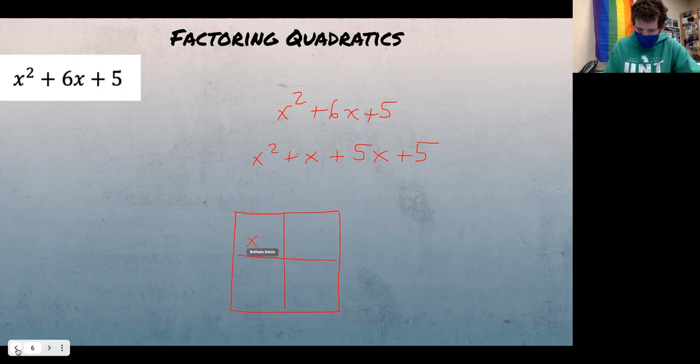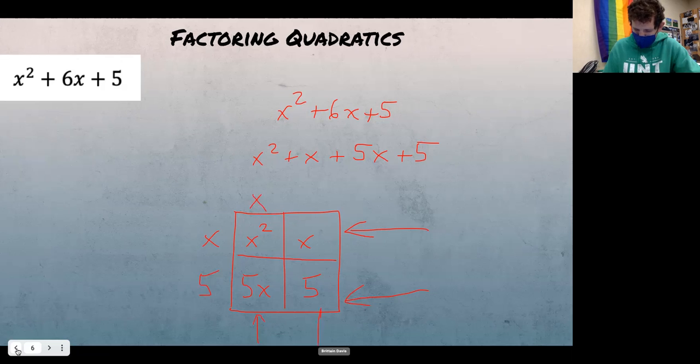So this is what I've got. Okay, let's do the rows first. What's a common factor for our first row? X. And the common factor for the next row? 5. Common factor for the first column?